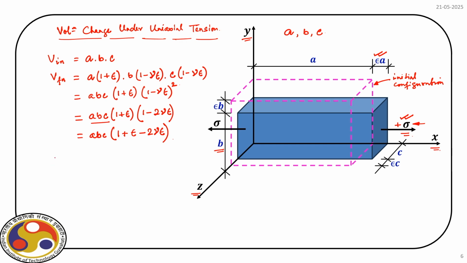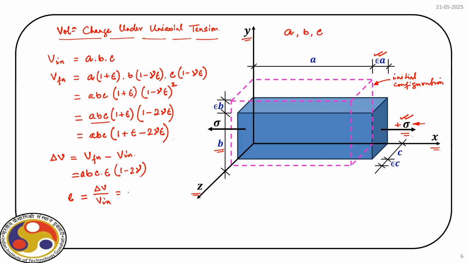So, we can find out the change in volume, which is delta V, which is nothing but V final minus V initial. If we do that, we are left with, therefore, we get the volumetric strain, which is delta V by V initial.